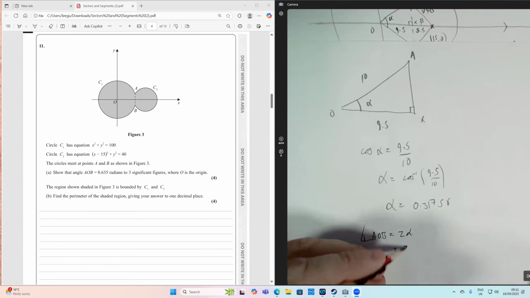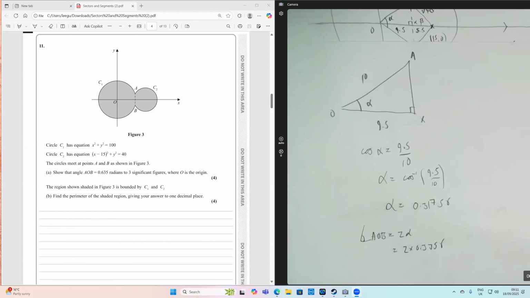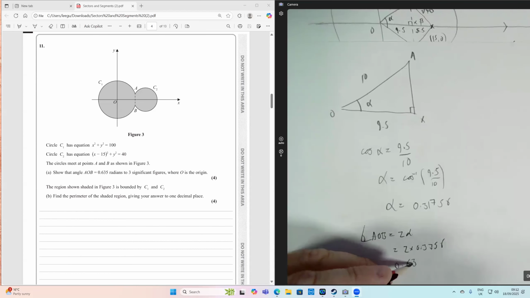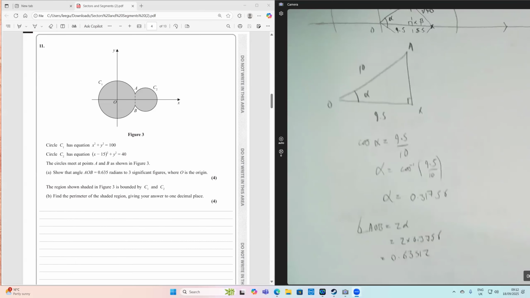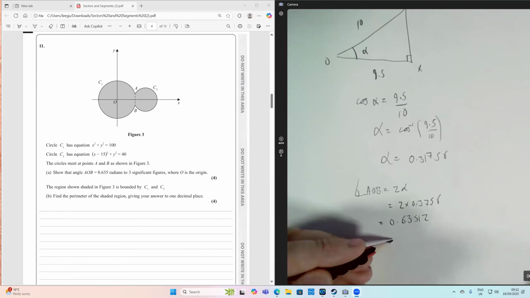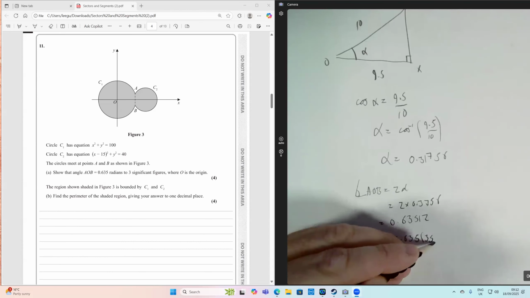So that is going to be 2 times 0.31756. So let's times that by 2. Gives us, rather fortunately, 0.63512. And we're after this correct to 3 significant figures, which is 0.635 to 3 significant figures.